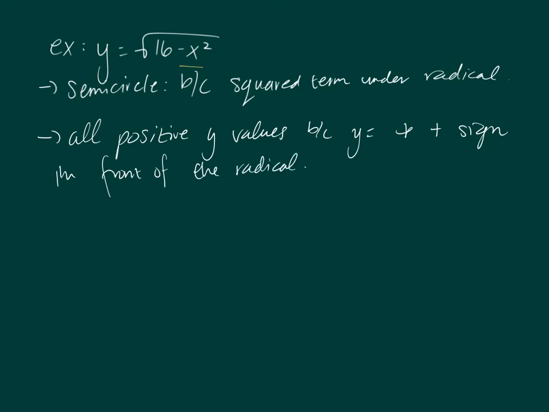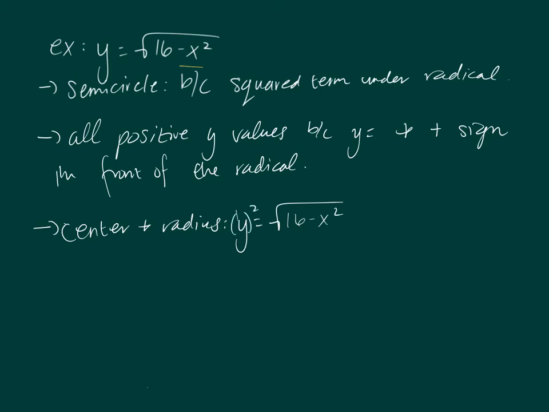Okay, the last thing I need to do is figure out my center and my radius, because that's going to determine how big my semicircle is going to be and where it's going to be. To figure out center and radius, I solve my equation to get it into standard form for a circle.